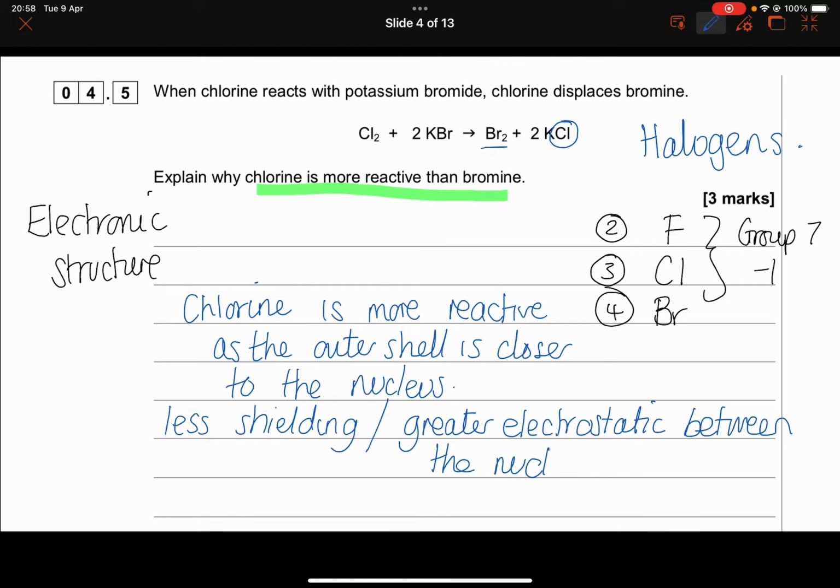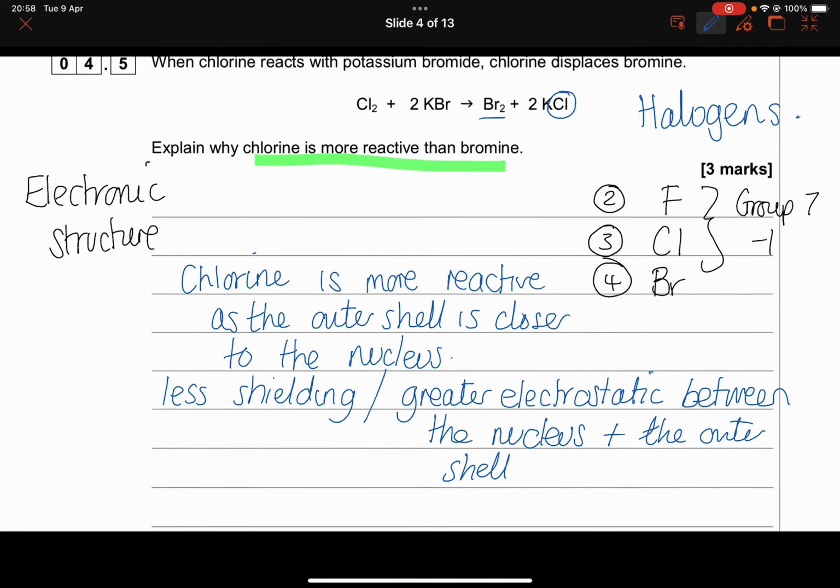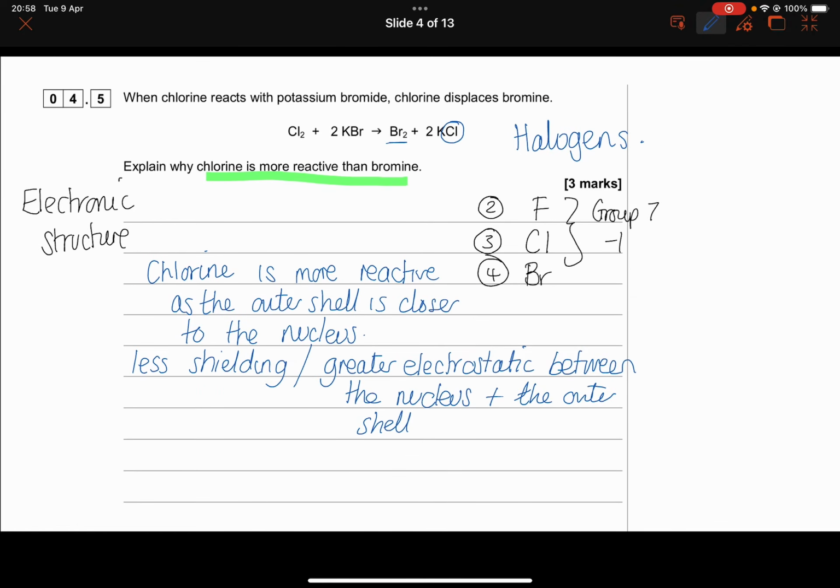We should remember from atomic structure that the nucleus is positive because of the protons, and it's the attraction to the positive protons in the nucleus that holds the electrons in place. So because the outer shell in chlorine is closer to the nucleus, that outer shell is going to experience a stronger electrostatic attraction. It's got less shielding, so it's going to have a greater electrostatic attraction.